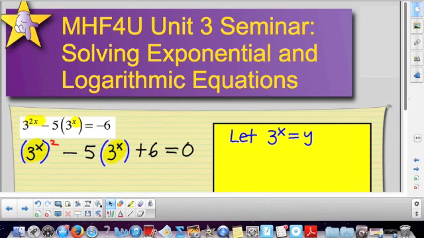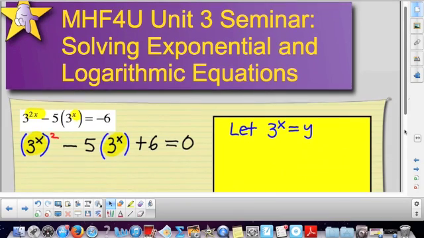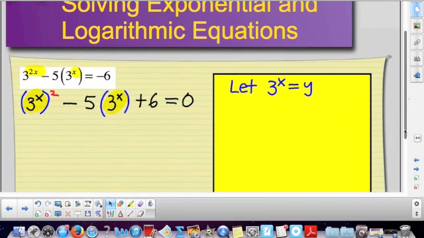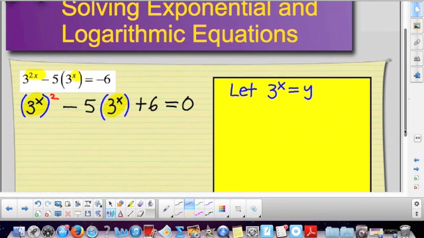Now I can rewrite this complicated exponential equation with hardly any exponents: y squared minus 5y plus 6 is equal to 0.